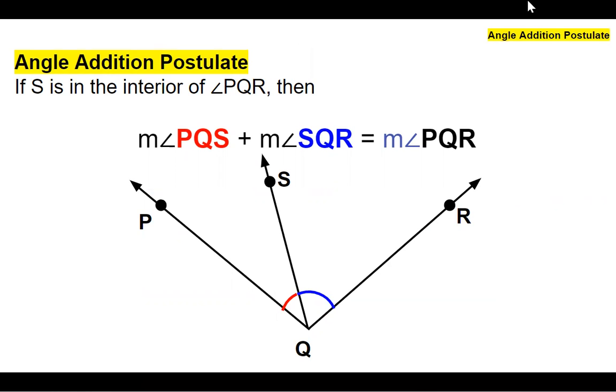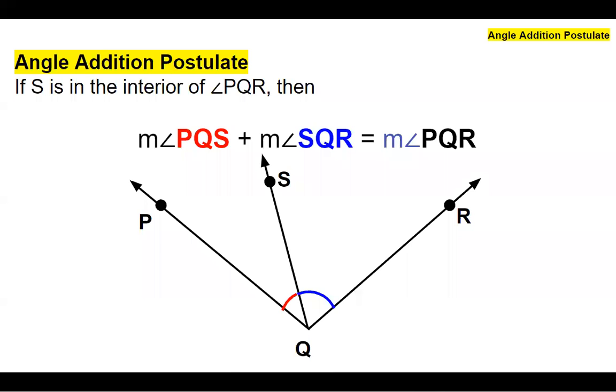It's basically telling us if we have a point S that exists in the interior of an angle PQR, so P, Q, and R, then we can construct a ray that goes from Q to that point S, and then have our addition postulate, which is the measurement of angle PQS plus the measurement of angle SQR is equal to the entire angle, the measurement of PQR. Copy this in your notes, please.